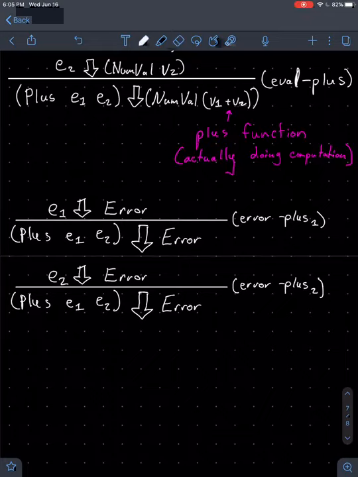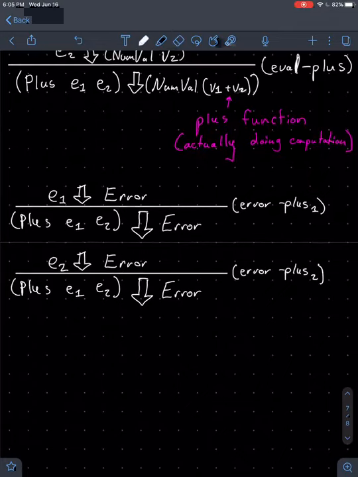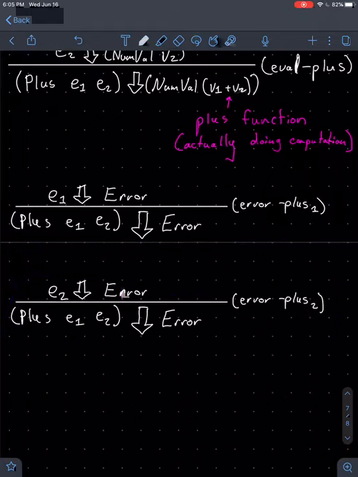Okay, and now here there's kind of a logical thing going on. I think this might touch a little bit on what John was getting at. I could have said E1 is an error, but I could have said E1 here evaluates to numval V1. That would be fine.